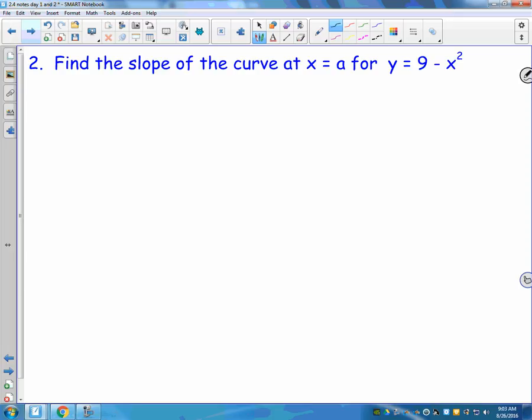So find the slope of the curve at x equals a for the equation y equals 9 minus x squared. When we see this, we're going to do the limit as h approaches 0 of f of a plus h minus f of a.